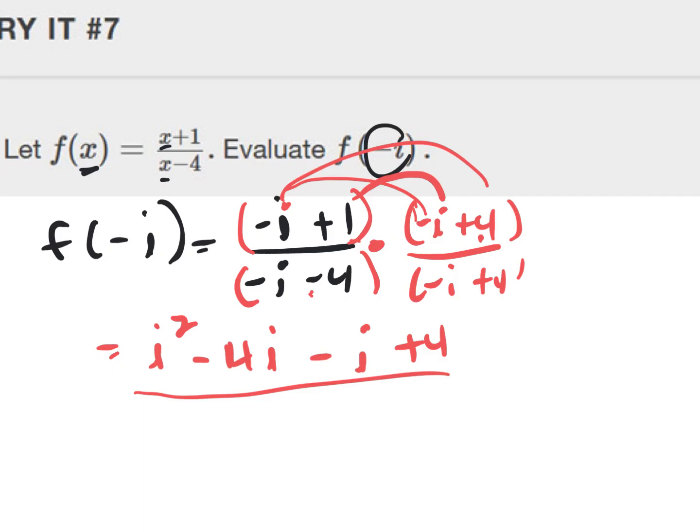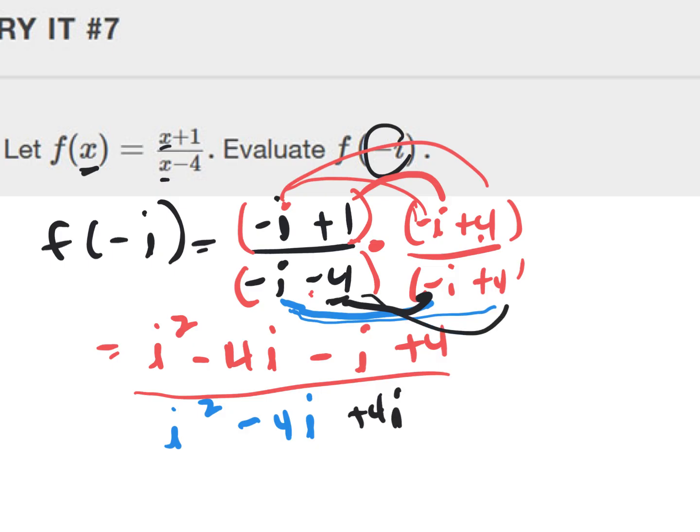So negative i times negative i is a positive i squared. A negative i times a 4 is a negative 4i. And then the negative 4 times a negative i is a positive 4i.